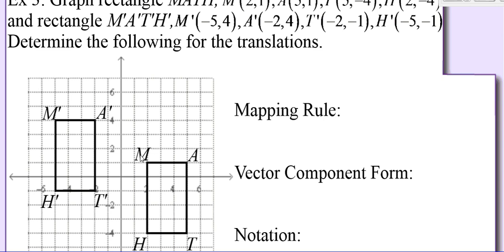So we're starting at M, and that's going to translate to M prime. A is going to translate to A prime, H to H prime, and T to T prime.